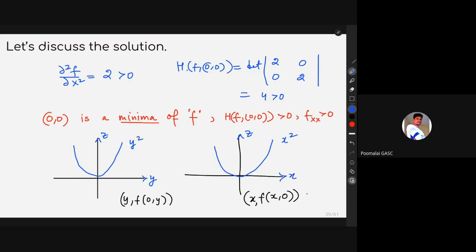So in 3 dimensions, if you try to see this, this is dimension x. So I am taking this x y z. If I'm keeping my z 0, that means I am on the xz plane, so it is like this curve, which is x square.